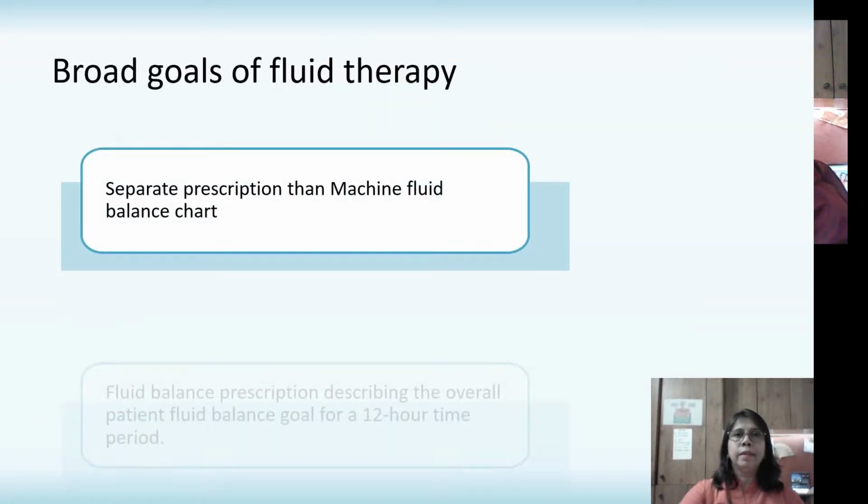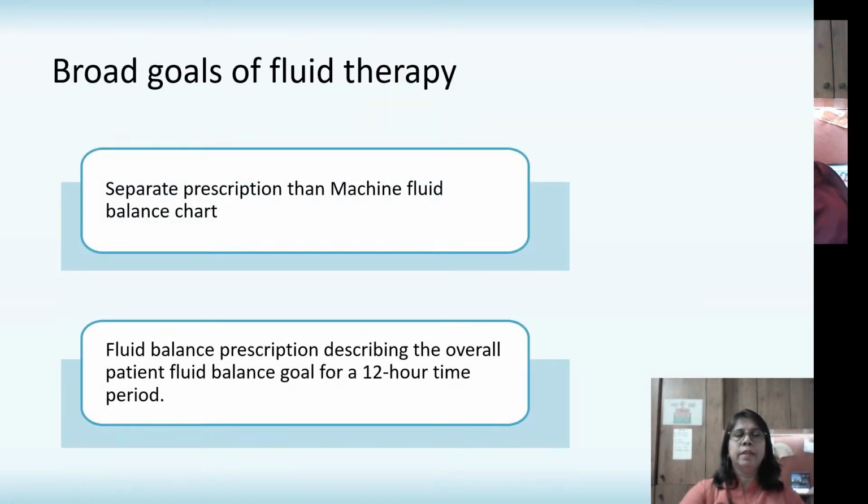To make things easy, we should encourage a separate prescription for these additional fluid requirements other than the machine fluid balance chart. And also, the fluid balance prescription should be maintained for a 12-hour period, which makes for shorter and more accurate assessment of fluid status.